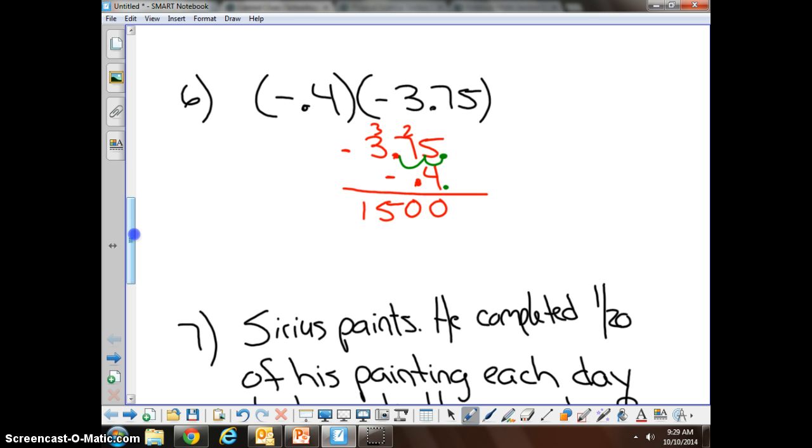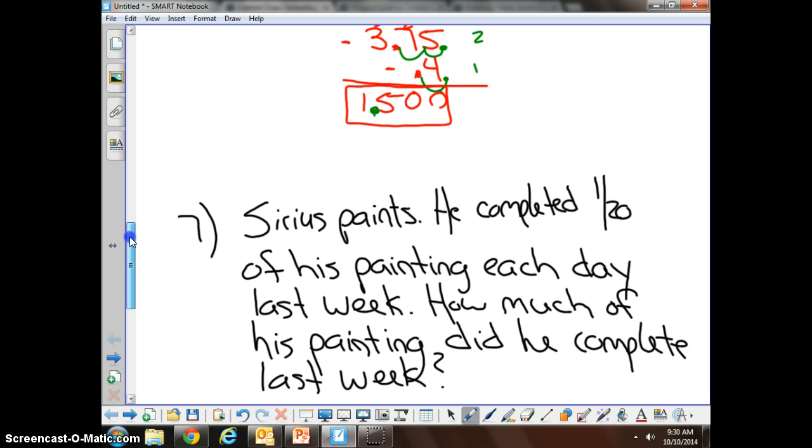If we started after the 4, we would go 1. 2 decimal places plus 1 is 3. We're going to start right here and go 1, 2, 3. Our answer is going to be -1.500, or you could also just express that as -1.5. Final answer, box it, good to go. Doesn't matter how many zeros you have after that last number.